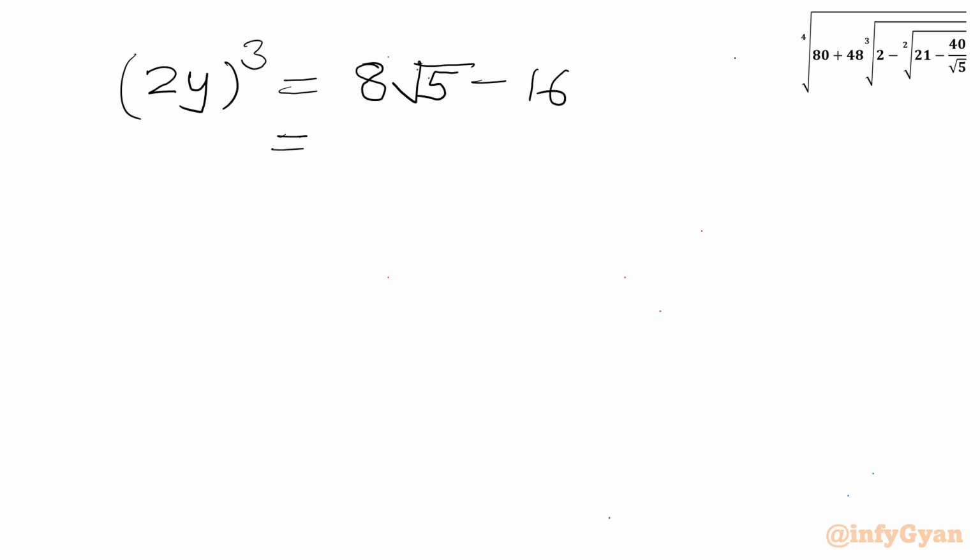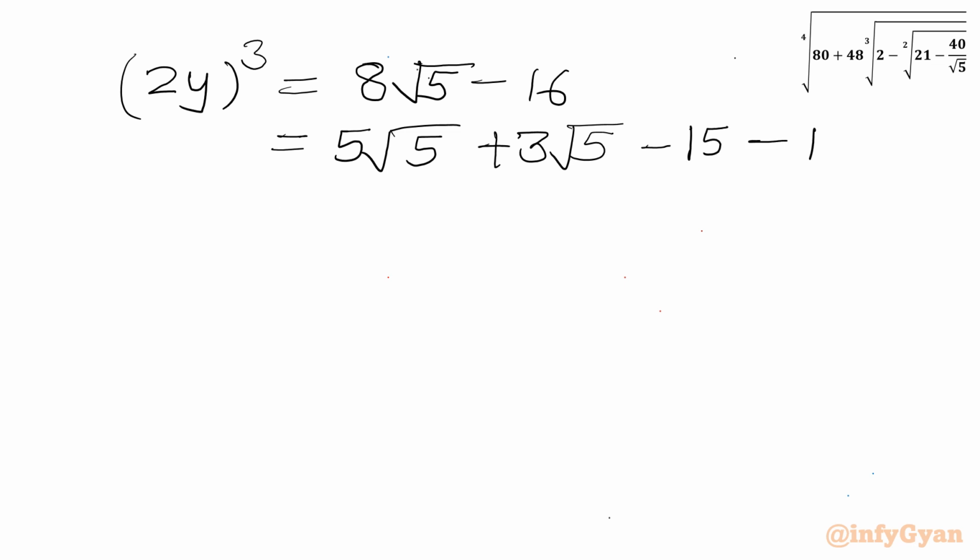Now I will split 8 root 5 as 5 root 5 plus 3 root 5. Minus 16 can be written as minus 15 minus 1. Let's rearrange these numbers. So 5 root 5 minus 1 minus 15, and then we can write the fourth number, 3 root 5.